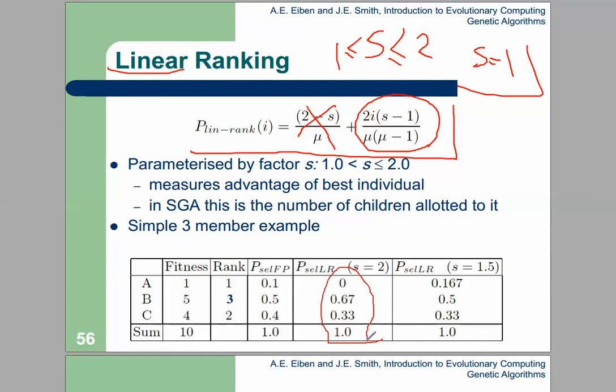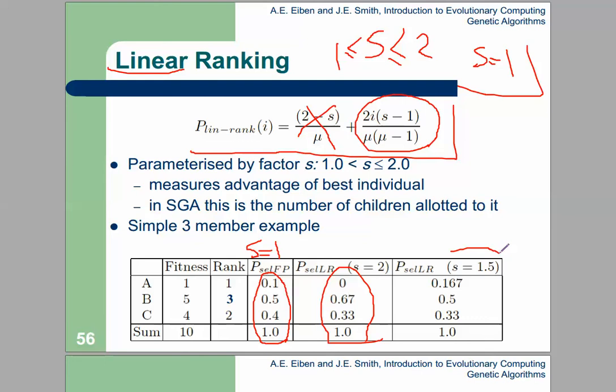It is a fitness value only by rank, and the other is a fitness value only by random, or FPS, fitness proportionate selection. If you use s between 1 and 2, you can balance between ranking and random.